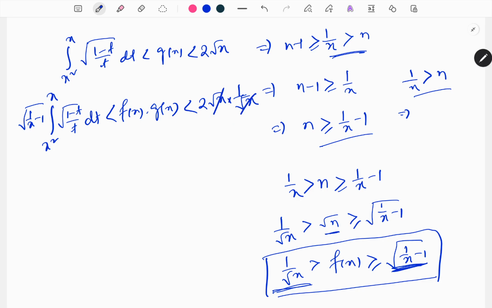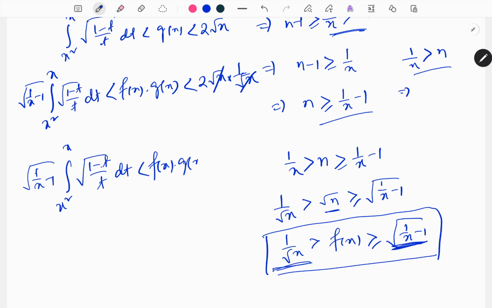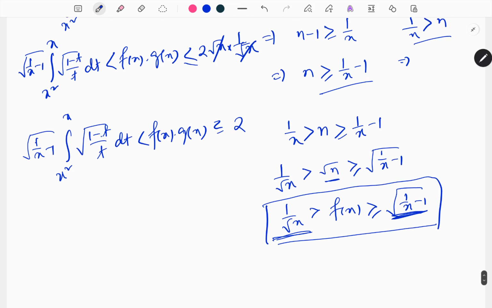Now see, √x cancels. So this is √(1/x − 1) times the integral from x² to x of √((1−t)/t) dt, which is less than f(x) times g(x), and this is less than 2. Now we will try to find the limit here.